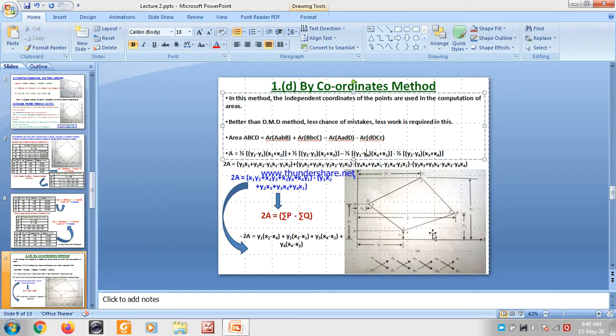One minute. This term I have written correctly. And this term will be written after, suppose, here.